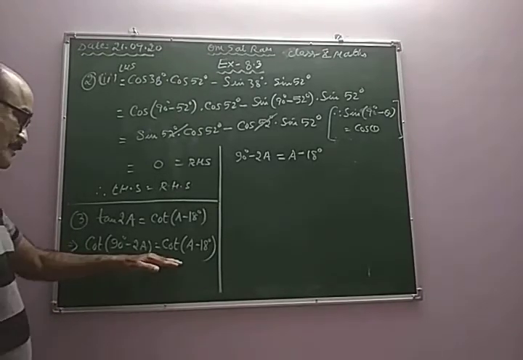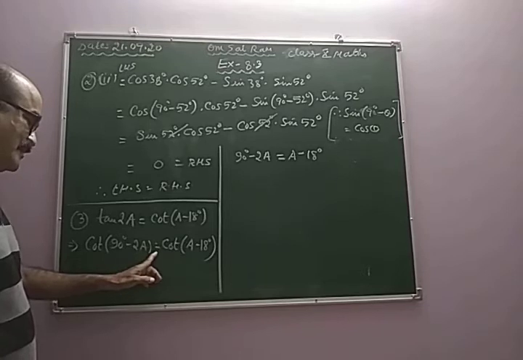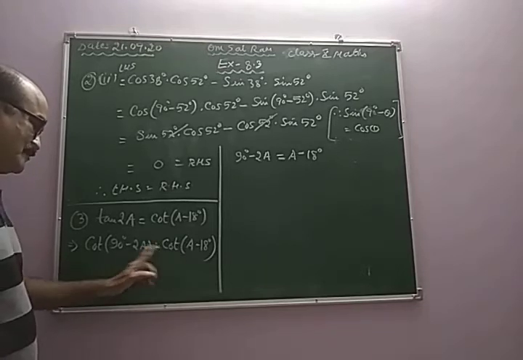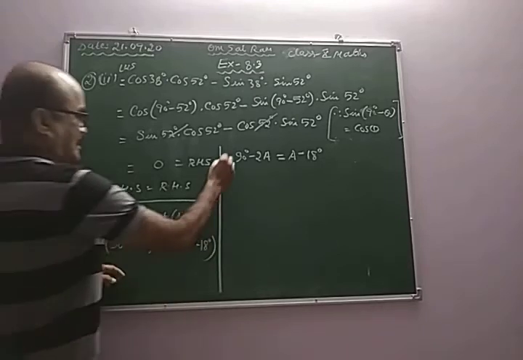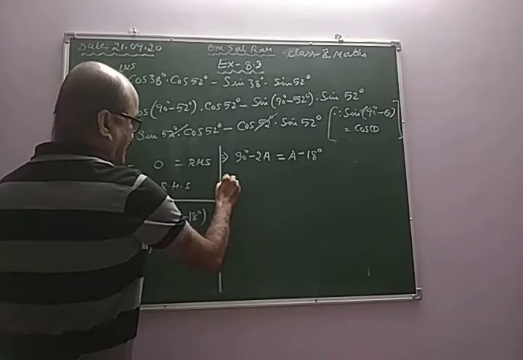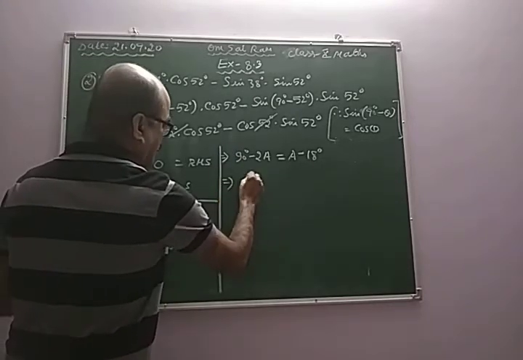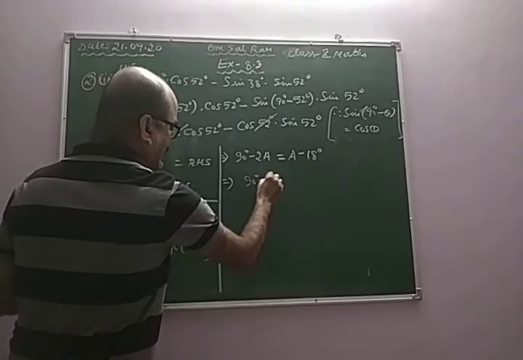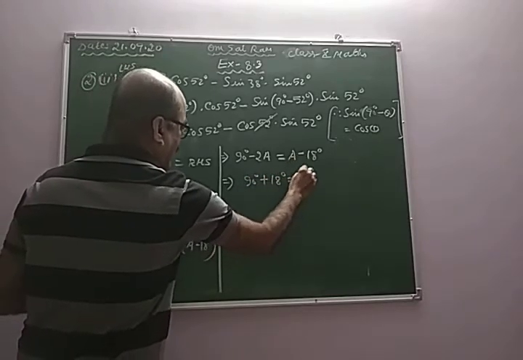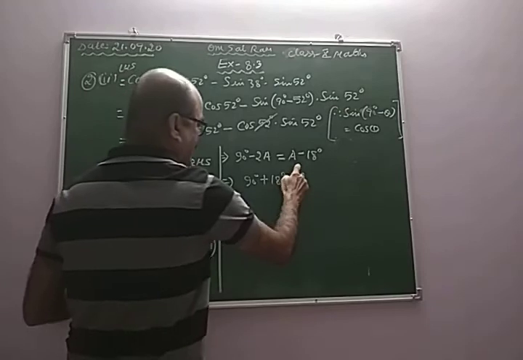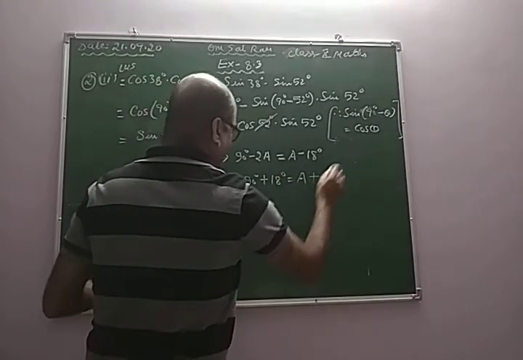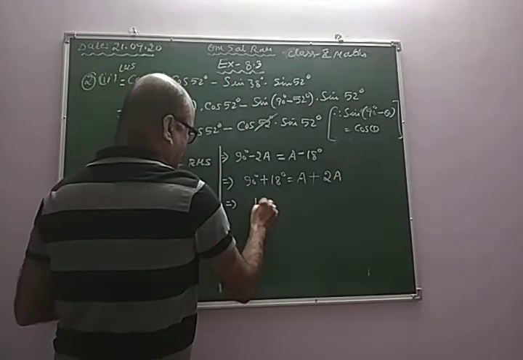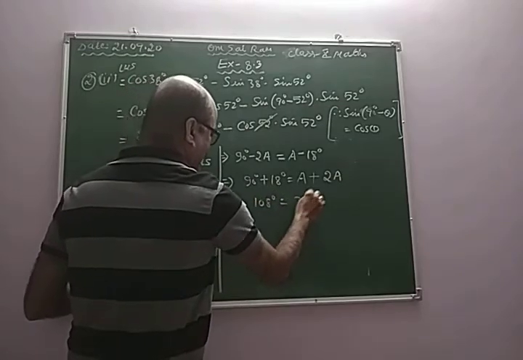Whenever you are solving any equation, having an equal to sign between both sides, you have to apply the implies sign. So here, implies sign, right? So transpose 18 degree here, A will be as it is, and minus 2A will come here as plus 2A, right? So this becomes 108 degree is equal to 3A.